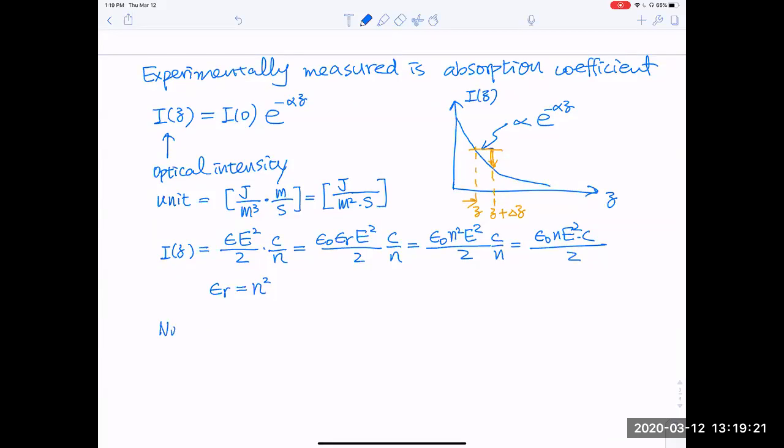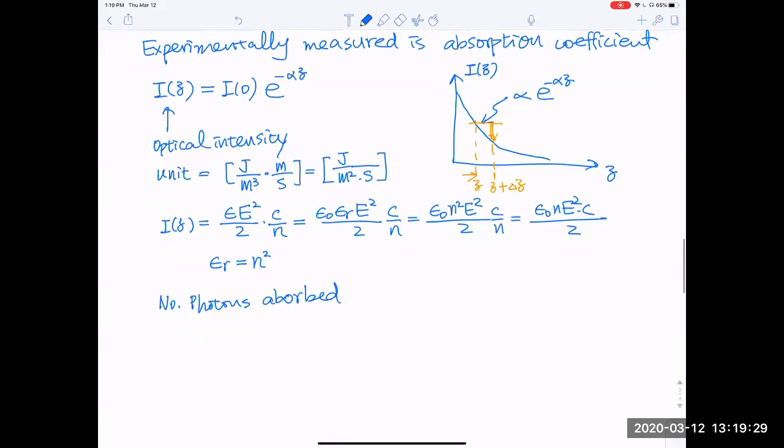So the number of photons absorbed will be equal to I of Z minus I of Z plus delta Z.